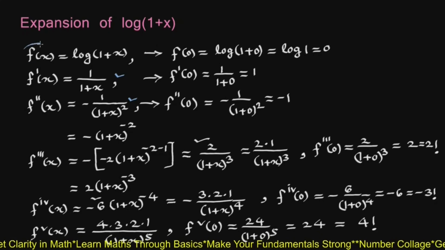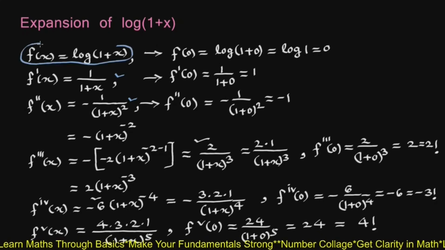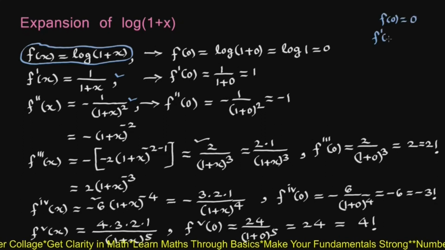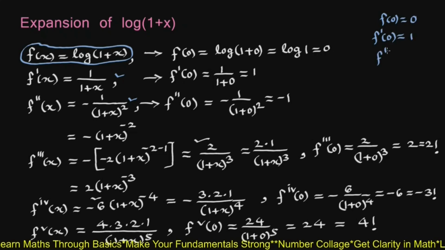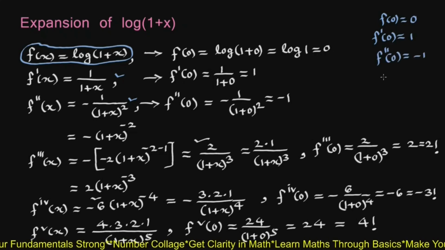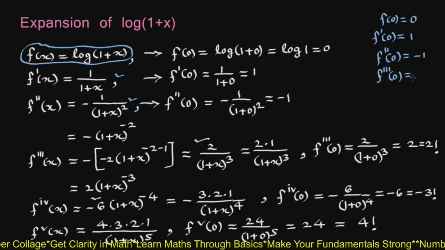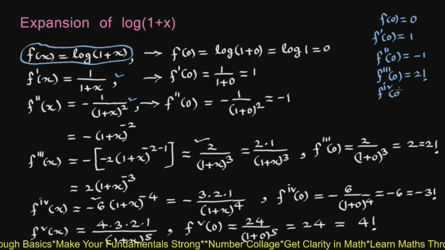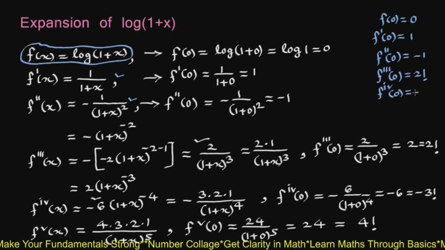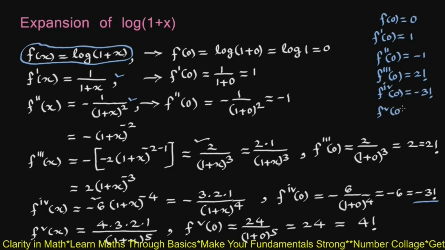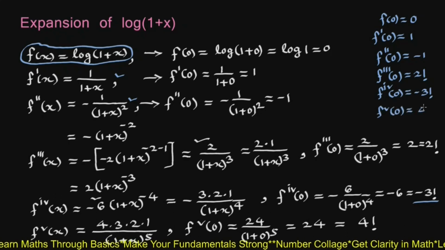Now for f(x) = log(1 + x), we have f(0) = 0, f'(0) = 1, f''(0) = -1, f'''(0) = 2 factorial, the fourth derivative at x = 0 is -3 factorial, and the fifth derivative at x = 0 is 4 factorial.